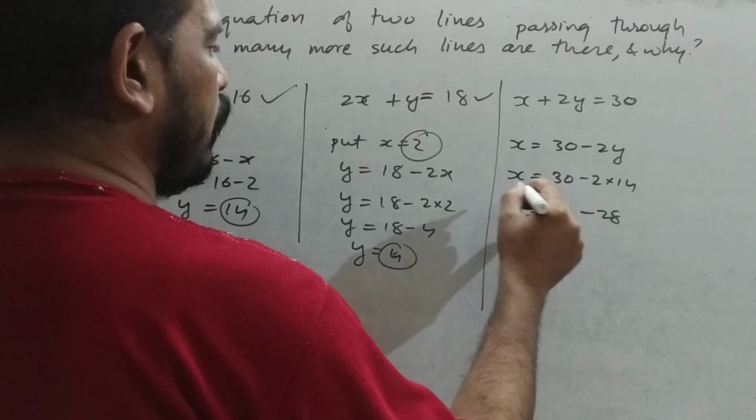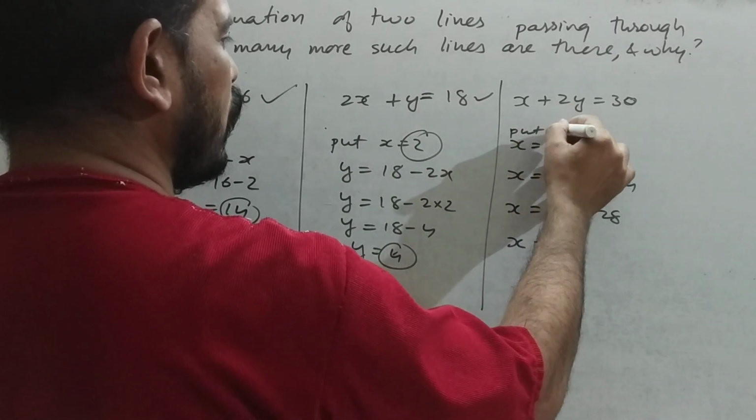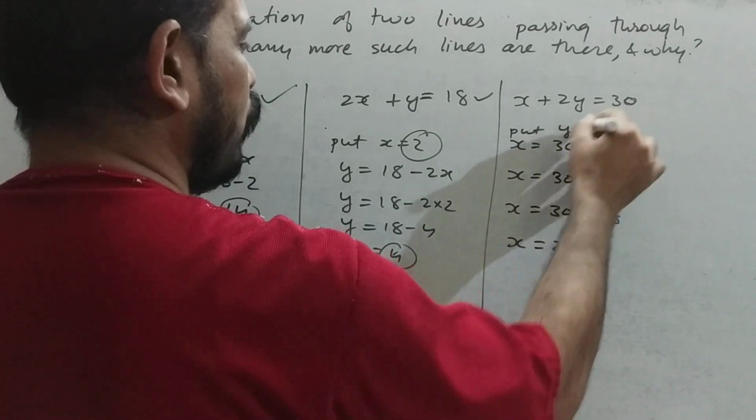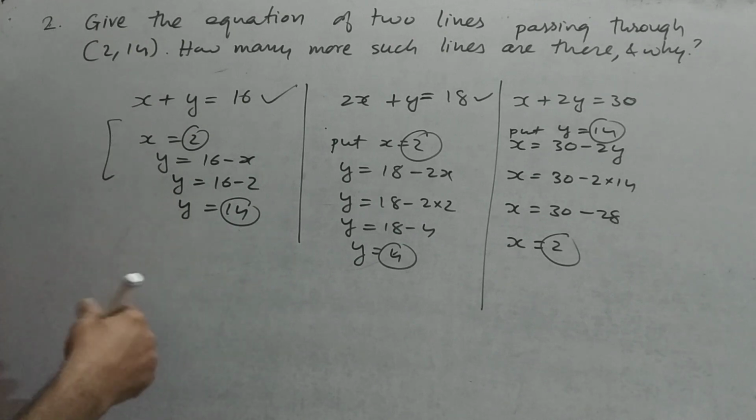When you put y = 14, x = 2 comes. So how many such lines can pass? There are infinite.